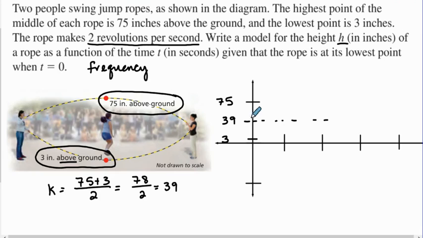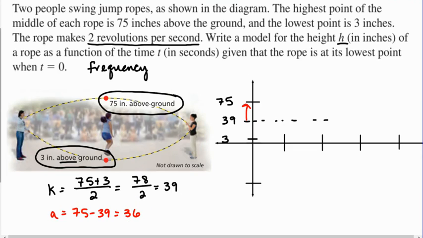Okay, now we want to find out how far from the midline we go to the maximum. Well, that's easy. We have A is going to be 75 minus 39, which is 36.